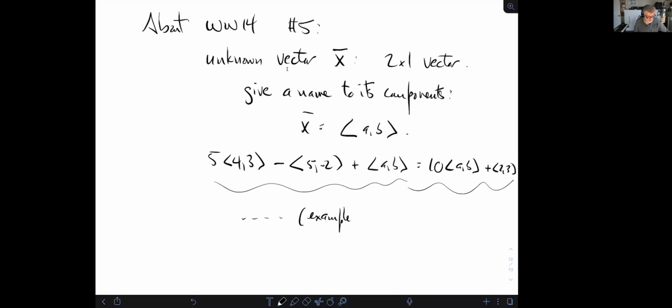The values are probably not right, but you get something like 17 plus a and minus 12 plus b equals 10a plus 2.